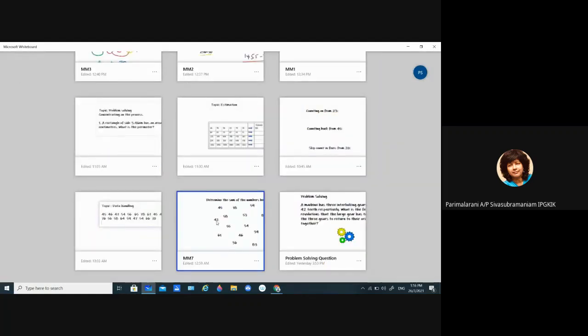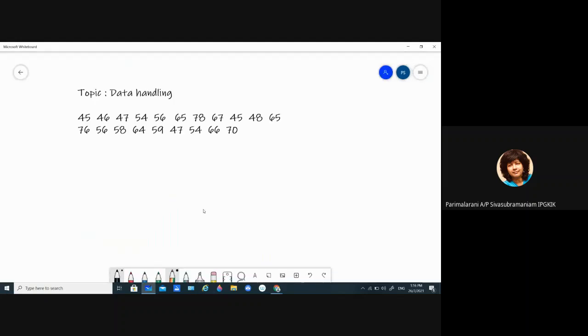Another example where we would use a calculator. Say we are teaching the data handling topic, under statistics.